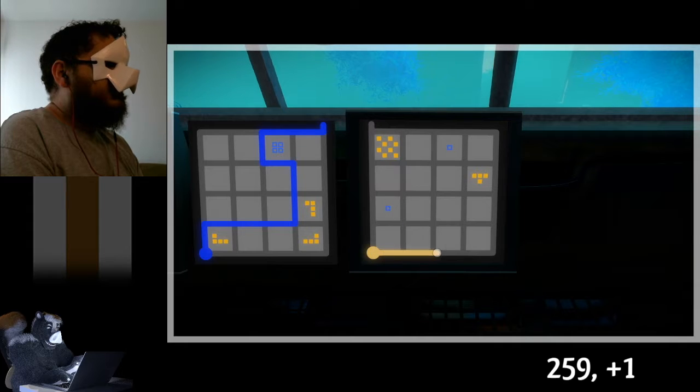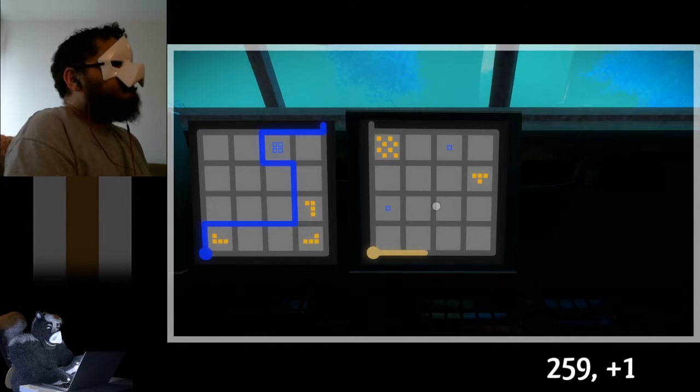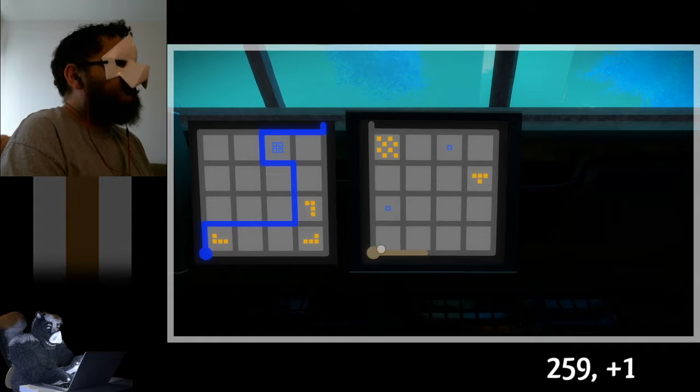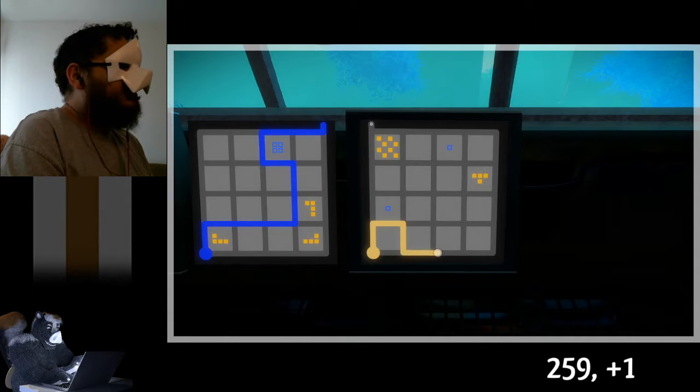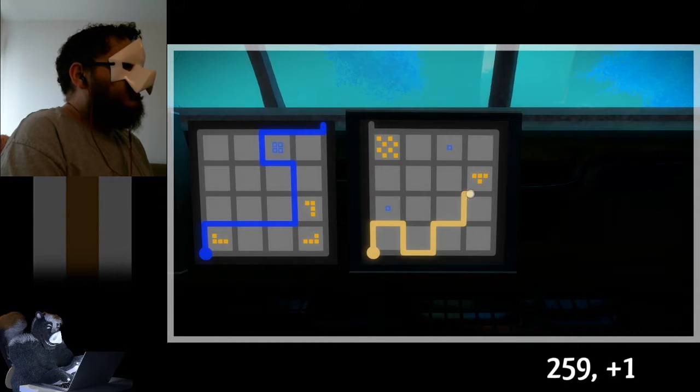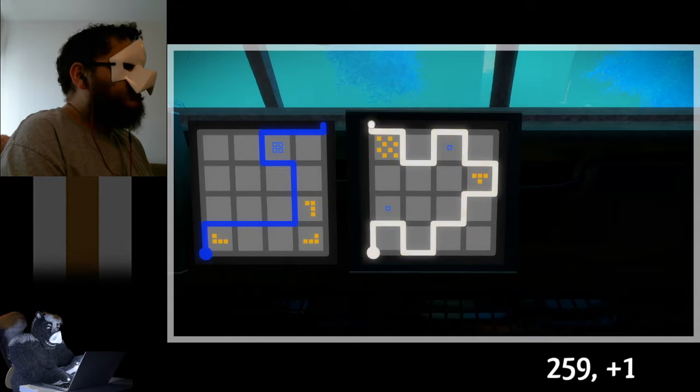Okay, so obviously the best place to put that is going to be in the middle where it fills in some of the space. Yeah. And then delete 1 square, 2 squares.